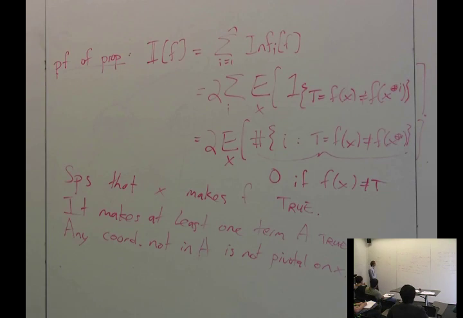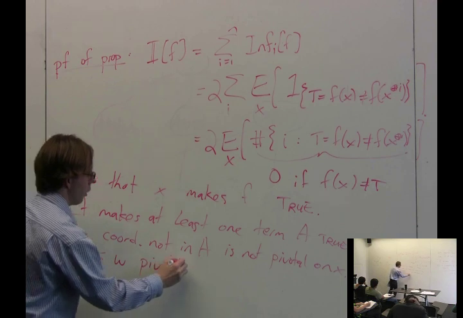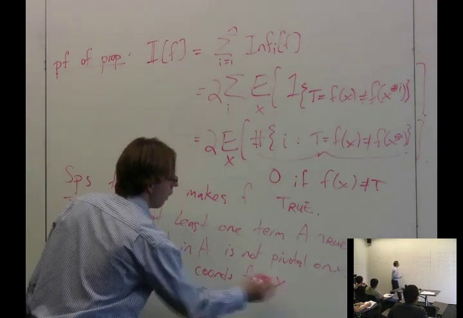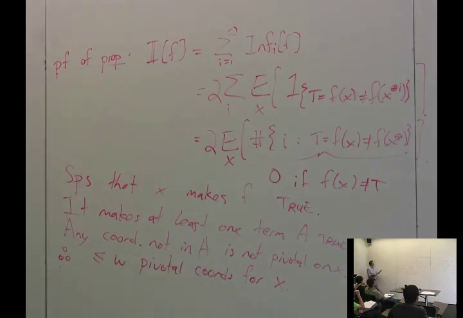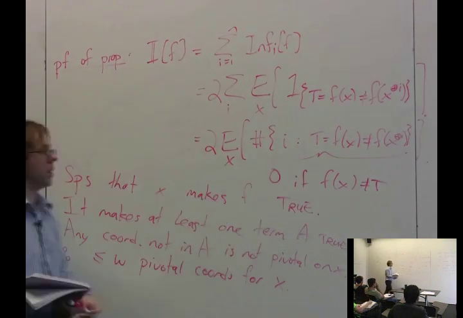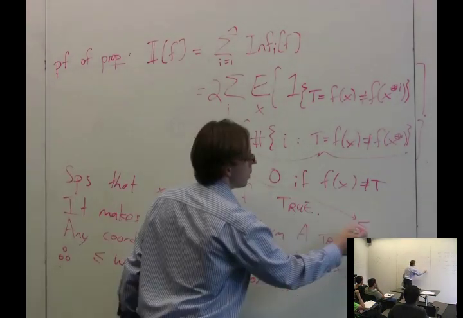And, well, by assumption, the thing has width at most w. So therefore, there are at most w pivotal coordinates for x. OK, so for any x, this quantity is either 0 or it's at most w. So we conclude that this is at most 2w.